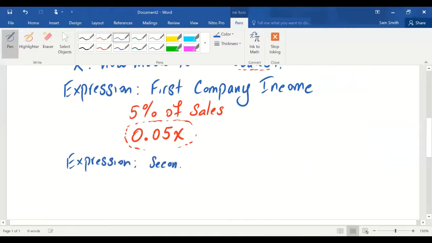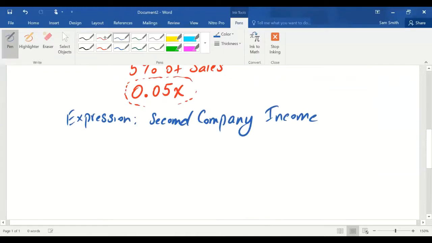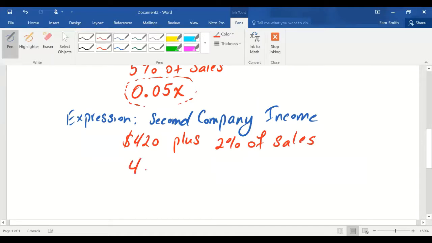Second company income, which is 420 plus 2% of sales, 420 plus 0.02 times x.